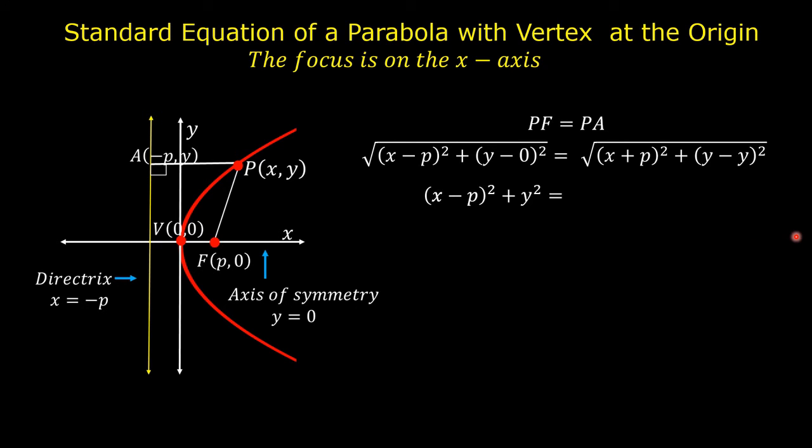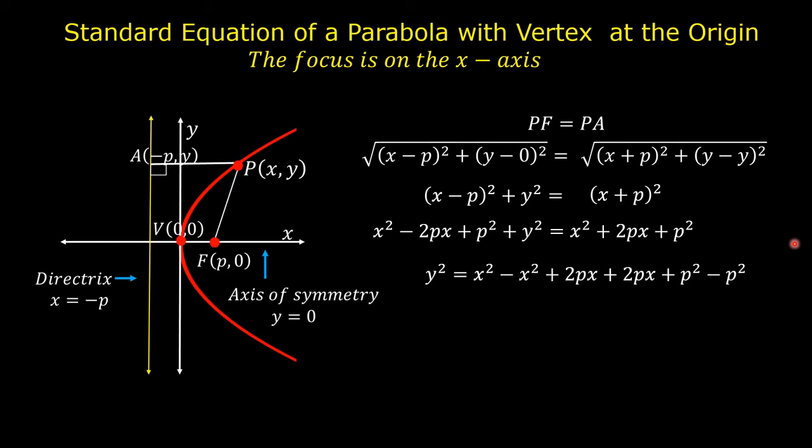Squaring both sides, we have the quantity (x minus p) squared plus y squared is equal to the quantity (x plus p) squared. The y minus y becomes 0. Squaring x minus p and x plus p, we have x squared minus 2px plus p squared plus y squared is equal to x squared plus 2px plus p squared.